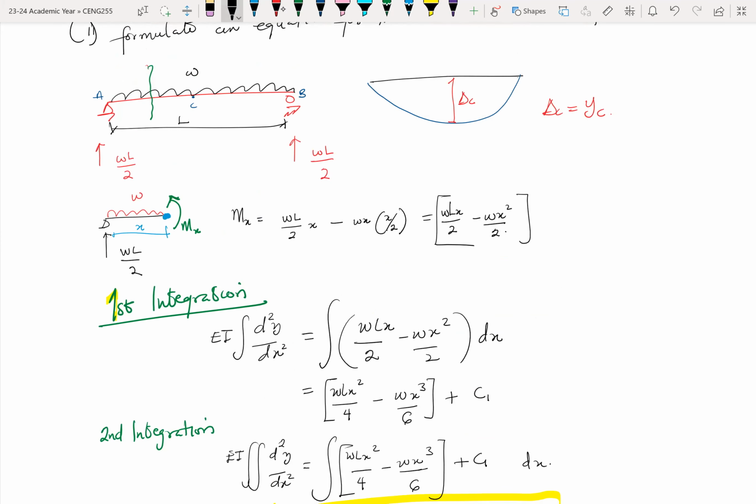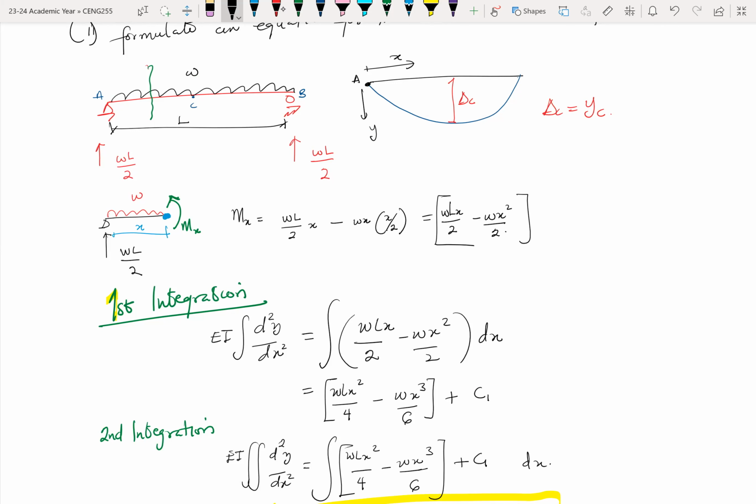This diagram should help us. X moves in this direction, and Y moves in this direction. At A, X is 0 and Y is also 0, because we don't have deflections at supports.